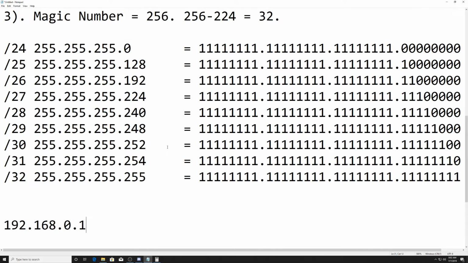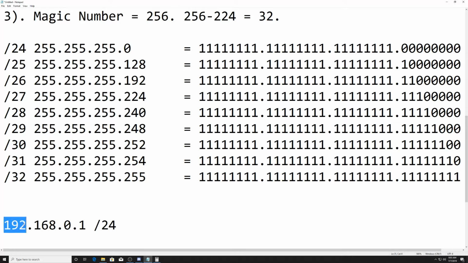When you're doing subnetting, let's just use the /24 for example. Because we are using the /24, the 192 is the first octet. It falls within this. Therefore, because the subnet mask is all ones, this will be considered your network ID.